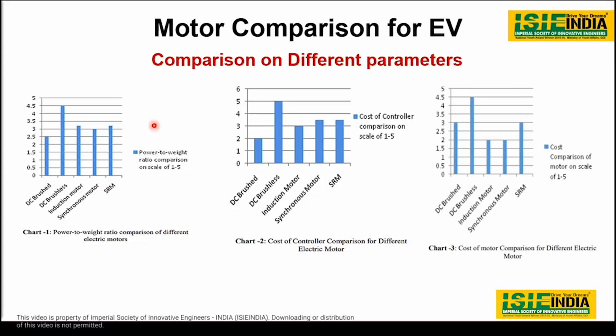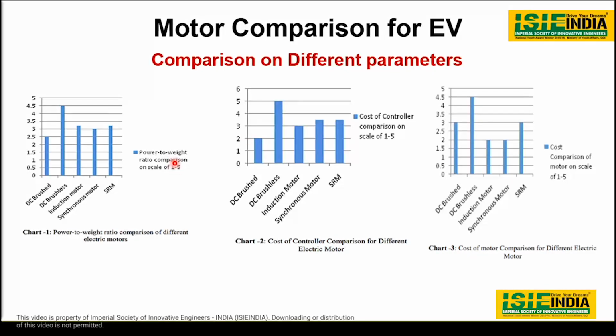And after that, motor comparison, okay. In the motor comparison, these are the three slides, three charts where you can understand this comparison for the motor will happen in what we call three major points actually.